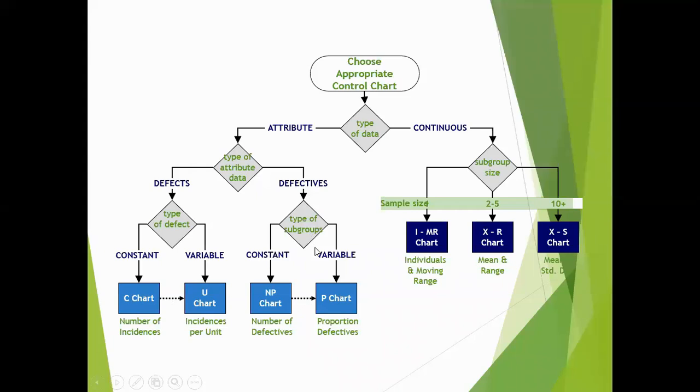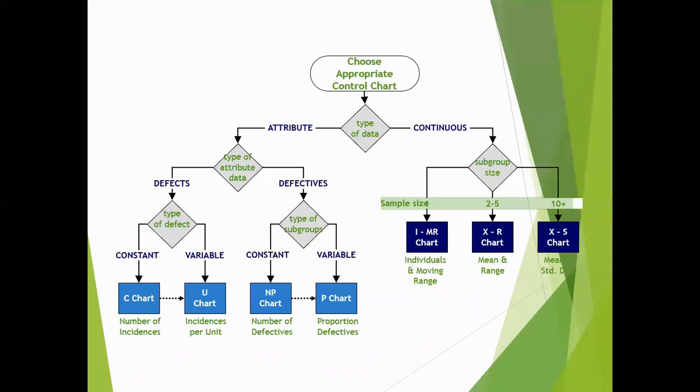For example, if we are processing an invoice to a supplier, there might be multiple defects in an invoice. Payment terms might be wrong, price might be wrong, part number might be wrong. So those are called defects. So we count the number of defects in an invoice process. But if we are calling it a defective invoice completely.